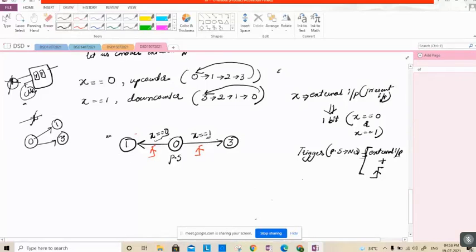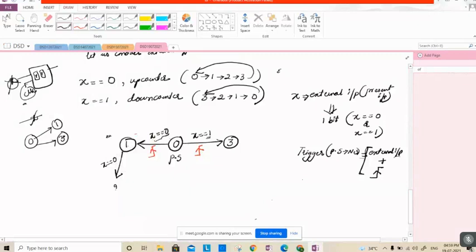Now, if my present state is 1 and x is equal to 0, what will be my next state? 2 sir. Right.